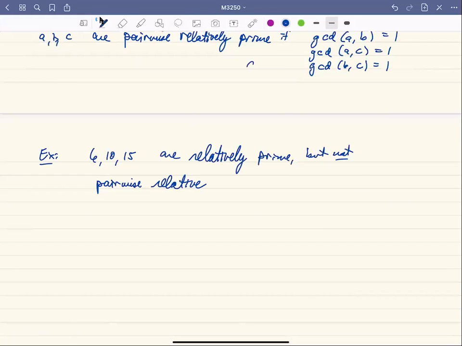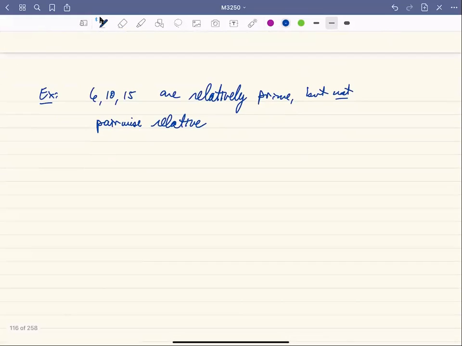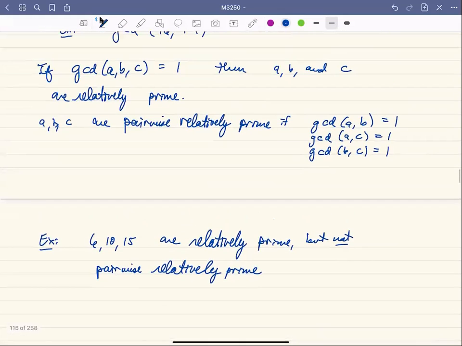To be pairwise relatively prime, this GCD is 1, and this GCD is 1, and this GCD is 1. So 6, 10, and 15 are not pairwise relatively prime because, for example, the GCD of 6 and 10 is not 1, it's 2. So that's relatively prime and pairwise relatively prime in a nutshell.